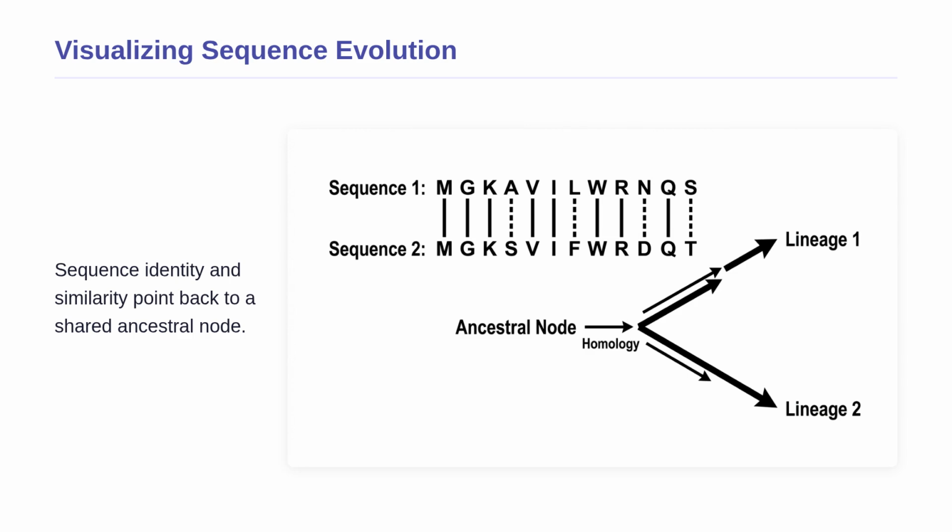These observable alignments are what allow us to look to the right side of the diagram. The branching tree shows an ancestral node splitting into lineage 1 and lineage 2. That ancestral node represents homology. We cannot see the ancestor, but the identity and similarity on the left give us the evidence to infer the homology on the right.